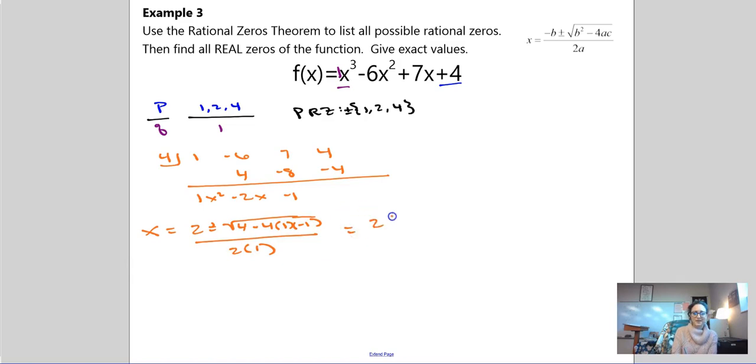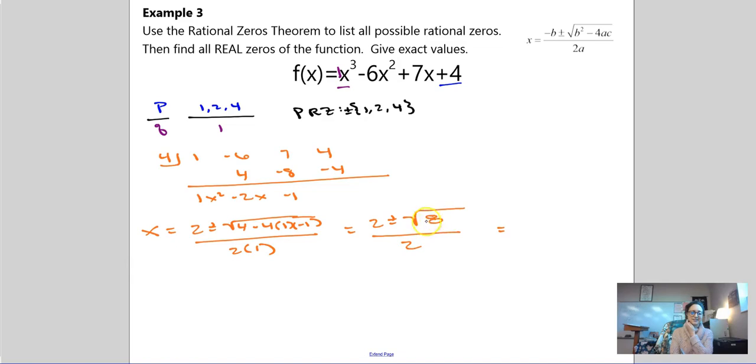Again, cleaning this up, I've got 2 plus or minus square root. So here I've got 4, and then I've got a -4 times 1 times -1, so that'll be +4. So 4 plus 4 is 8, all over 2, right?